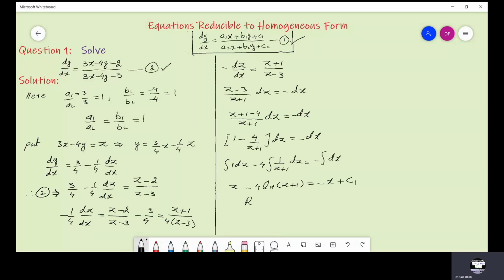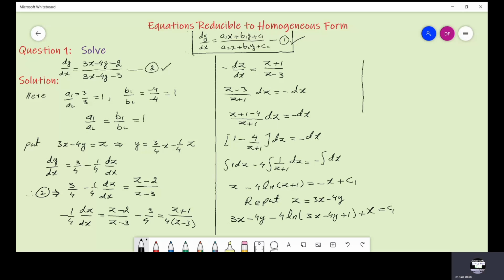Now we can re-put the value of z. So z is equal to 3x minus 4y. If we re-put this value, we have 3x minus 4y minus 4 ln|3x minus 4y plus 1| is equal to, now we can bring minus x to this side, so we have plus x, is equal to c1.